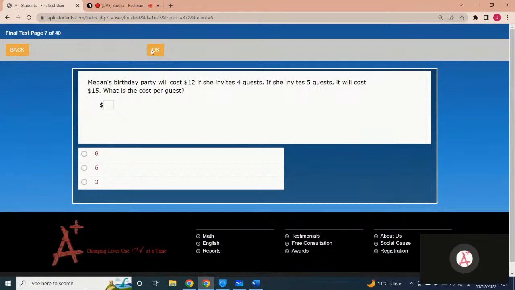Okay, Megan's birthday party will cost $12 if she invites 4 guests. If she invites 5 guests, it will cost $15. What is the cost per guest?